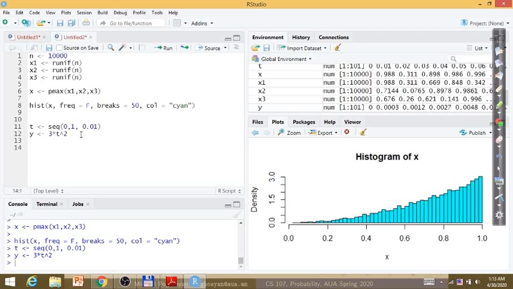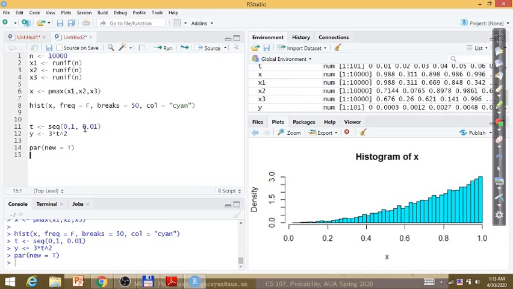So I'm keeping the old plot, par new is equal to true. By this I'm keeping the old plot, and adding plot t, y, type is line.